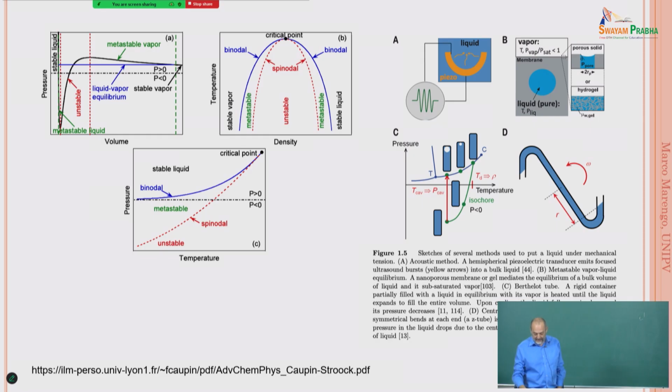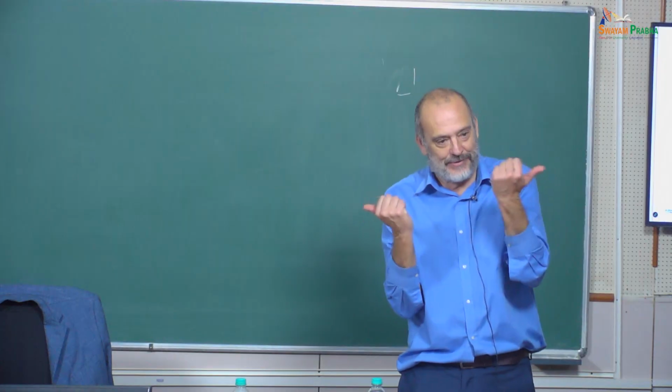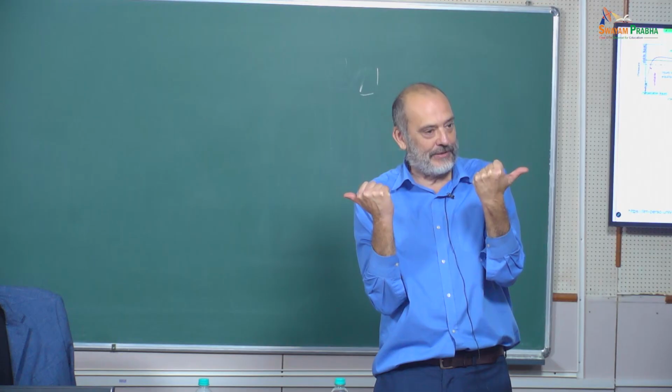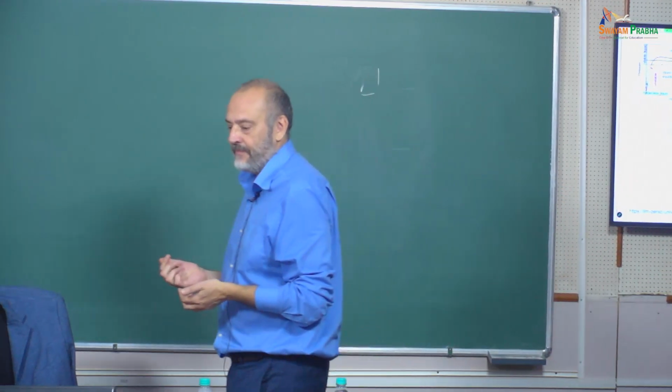One experiment is the centrifugal method. If you put a liquid inside a kind of centrifuge like this one, and you do the experiment very accurately, inside, in the middle, the liquid should go in one direction and the other. So in fact, you are stretching the liquid in the two directions, and you are reaching a negative pressure.